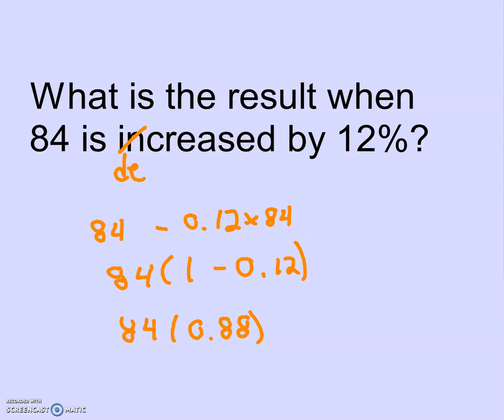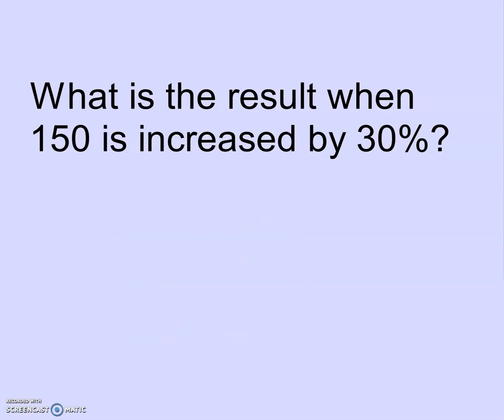So what I figured out is a faster way to calculate percent increases and decreases. Let's look at this one here. Instead of asking what the result is when it's increased by 30%, let's do a decrease. I'm going to save some time by saying 150, and then inside the parentheses, instead of adding the 0.3 onto 1, I'm going to subtract the 0.3 from 1 and get 0.70.